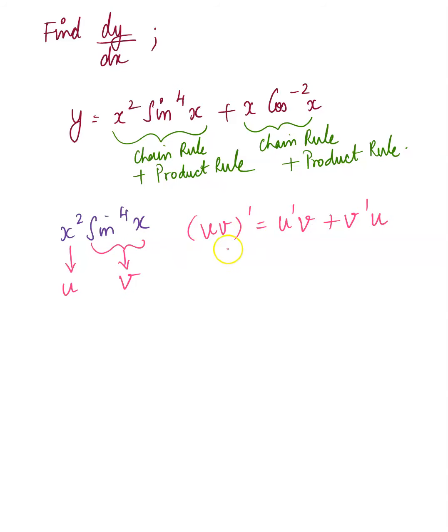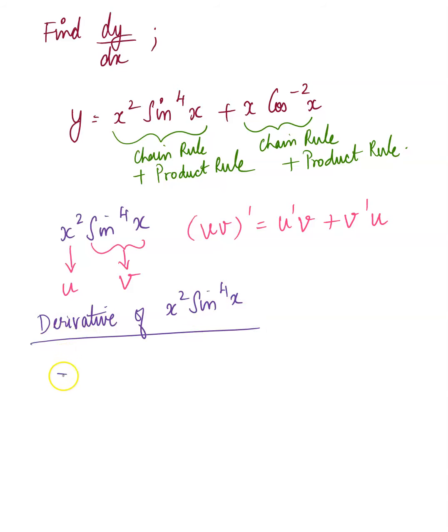So in this case, derivative of x squared sine power 4x will be u prime v, u prime is 2x, times sine power 4x, plus v prime.